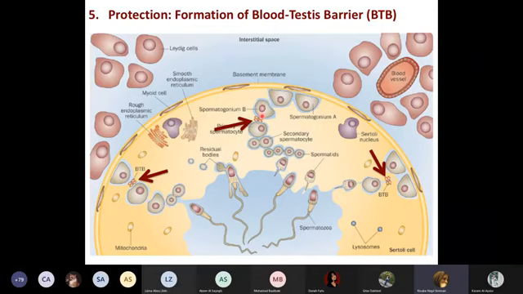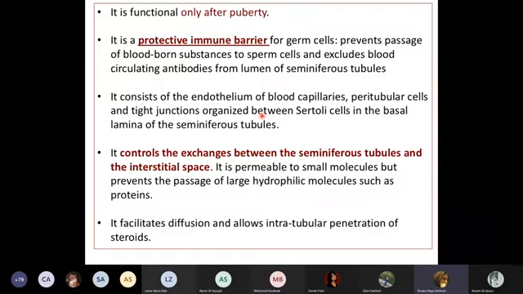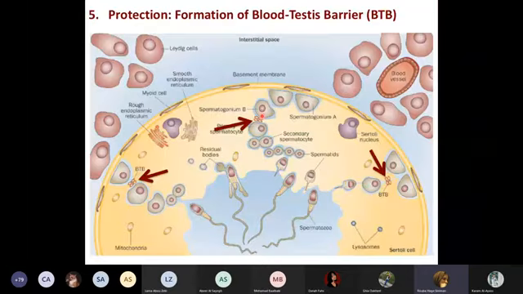Now, this barrier is functional, as we mentioned, after puberty. It's a protective immune barrier, so it will prevent any blood-borne substance from passing from the blood and reaching the sperm. For example, antibodies that are circulating in the blood, we prevent them from going to the lumen and affecting the sperm cells.